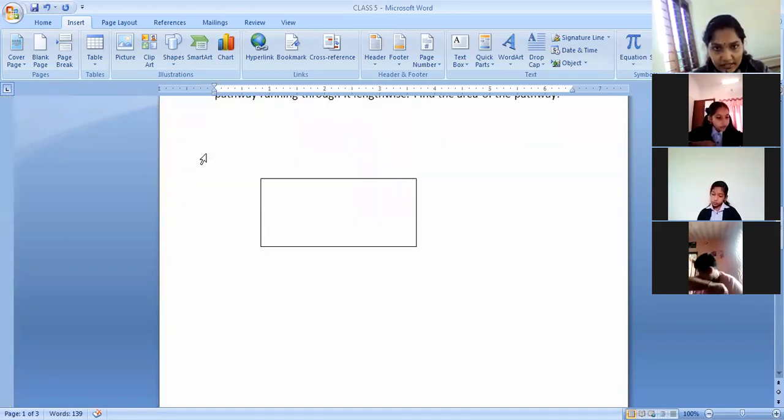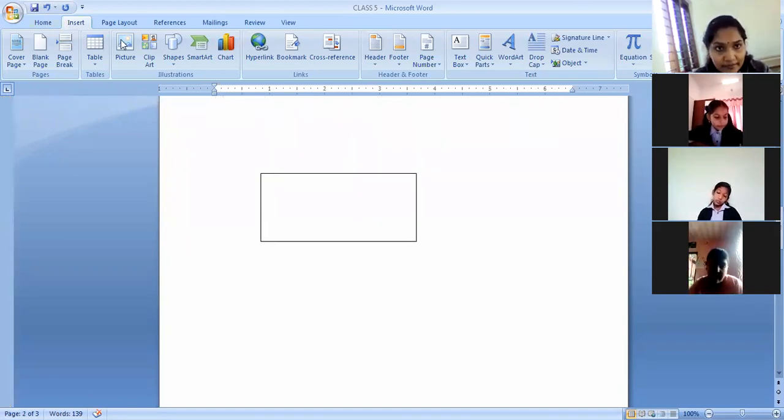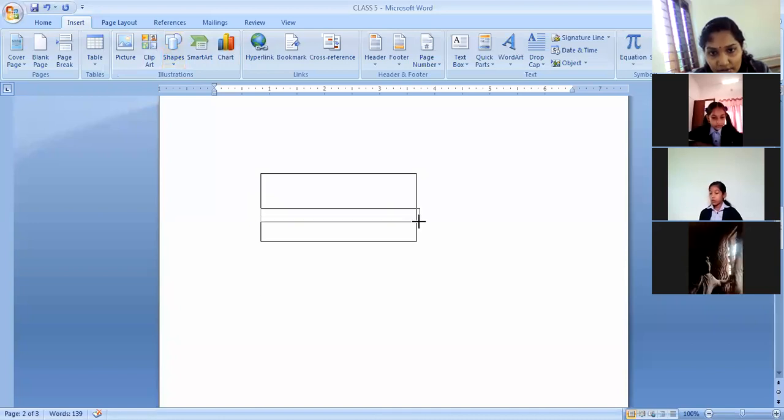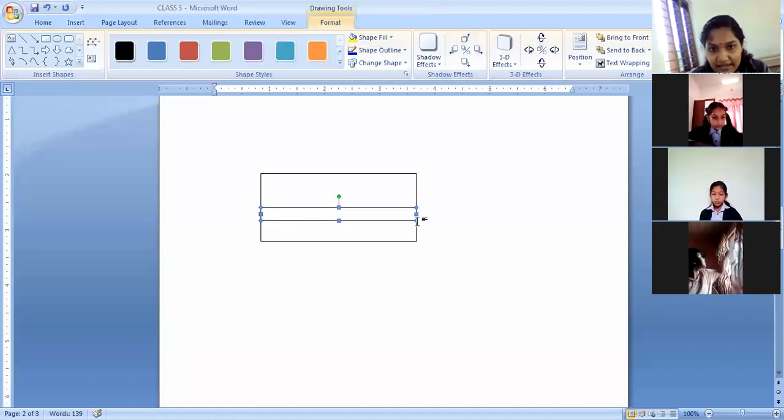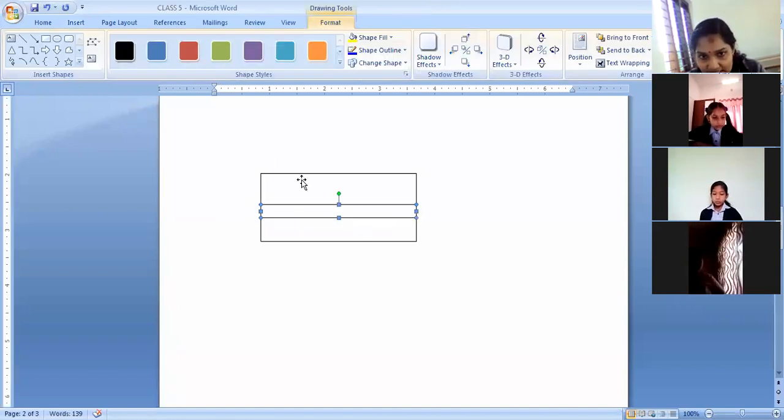In lengthwise pathway, the pathway is parallel to the length. Rectangle de length node parallel aanalle pathway. This is the length. The pathway and the rectangle have the same length. Clear?